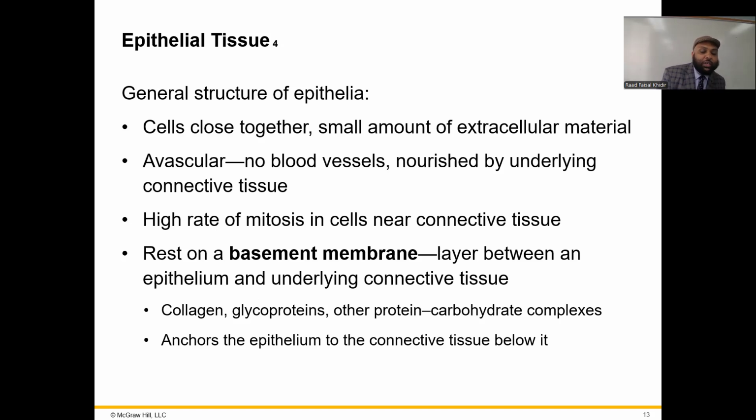It is the layer upon which your epithelium rests. Collagen, glycoproteins, and other protein-carbohydrate complexes are found there, and they anchor and cement the epithelium to the connective tissue below it.